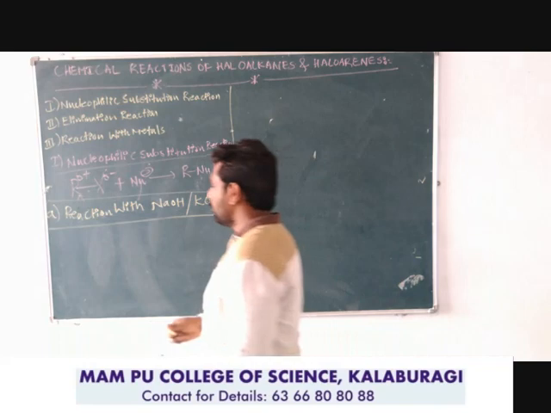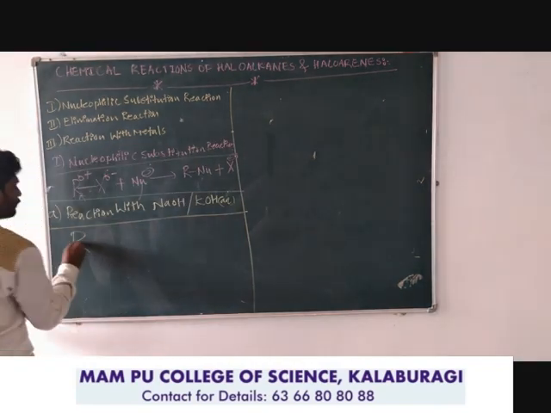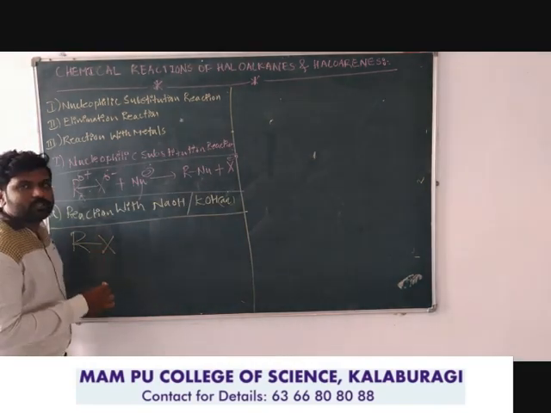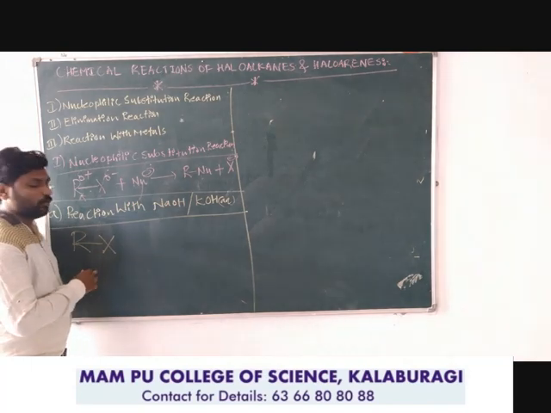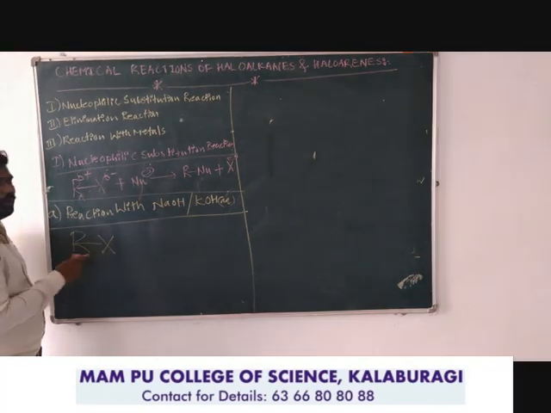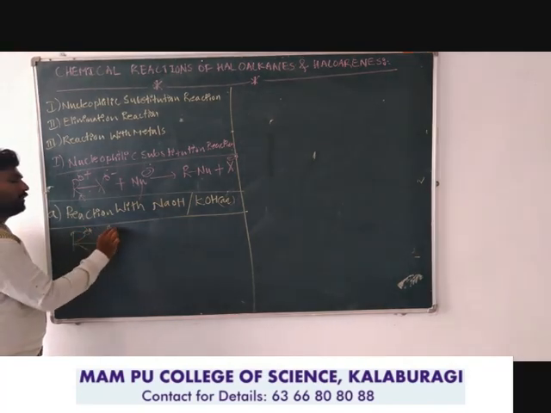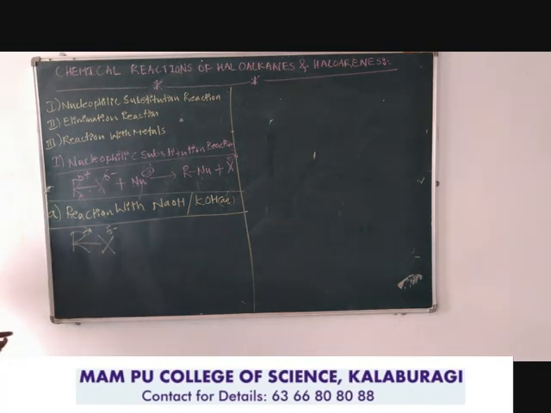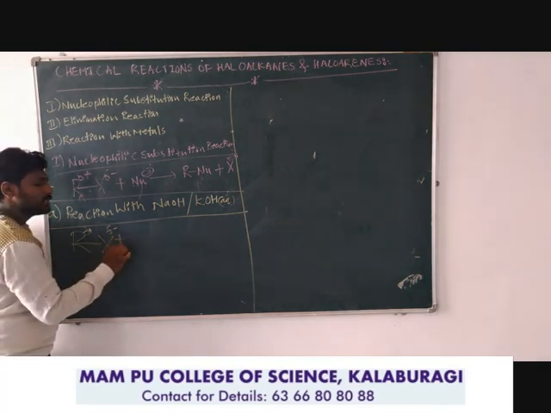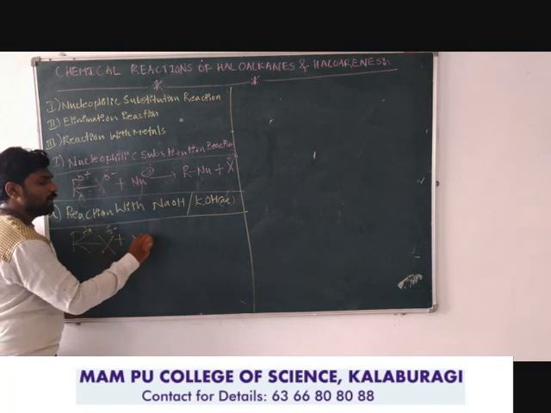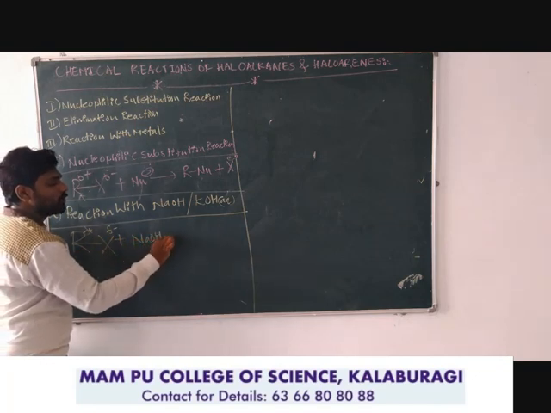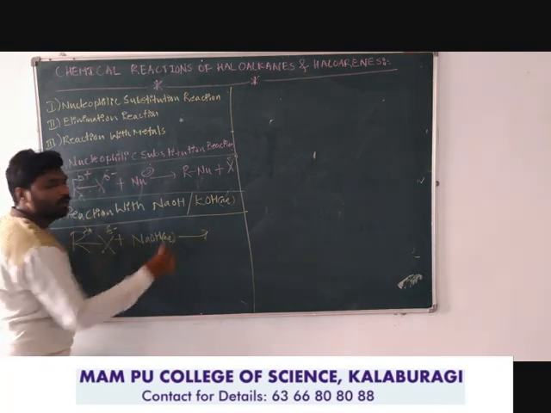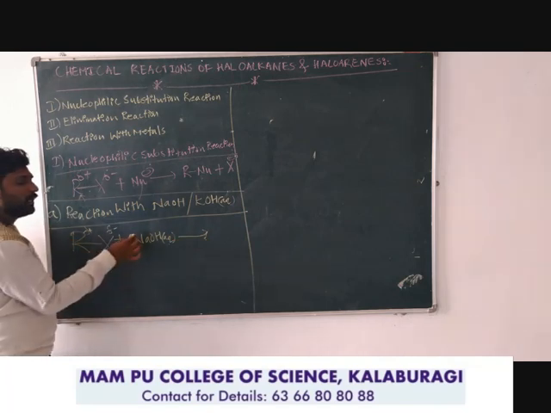See here, you can take any haloalkane, that is chloromethane, chloroethane, chloropropane, generally alkyl halide or haloalkane, with the general formula RX. Any alkyl halide is heated with aqueous sodium hydroxide.